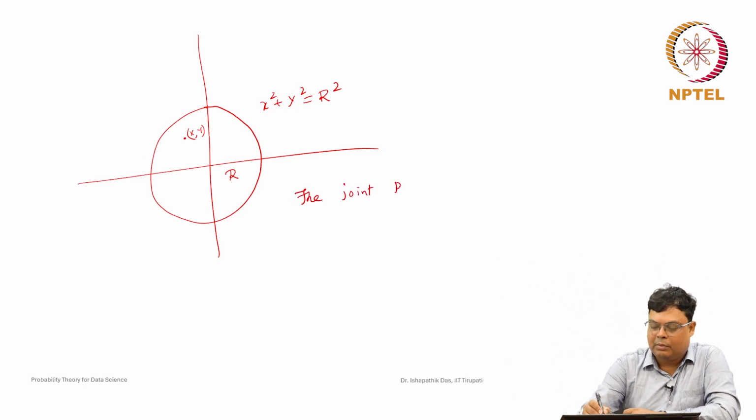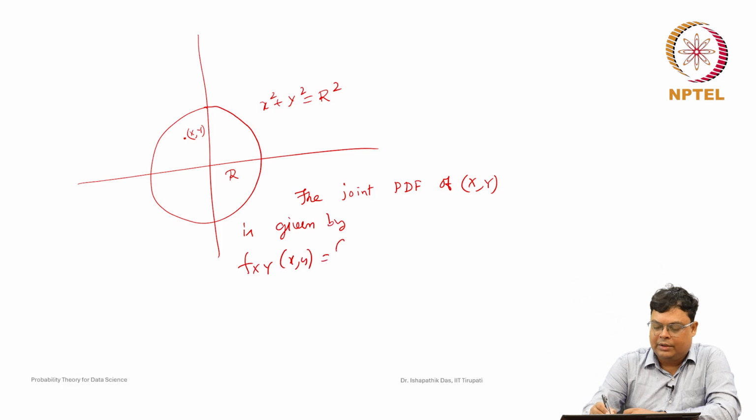The joint probability density function of (X, Y) is given by f of x, y equal to some constant k, because it is a uniform distribution. So, inside this region it is k. We denote the region by x square plus y square less than or equal to r square, then this is k, and 0 otherwise.